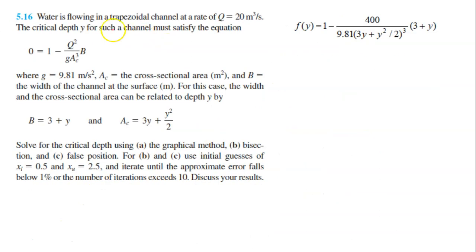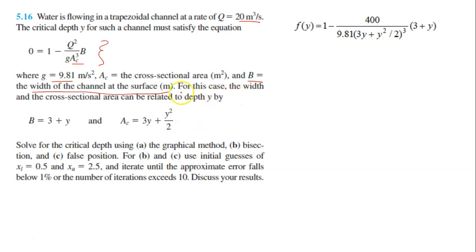Next question. Water is flowing in a trapezoidal channel at a rate of Q equals to 20 meter cube per second. The critical depth Y for such a channel must satisfy the equation given here, where G is 9.81 and AC is the cross-sectional area, here this one, and B is the width of the channel at the surface.